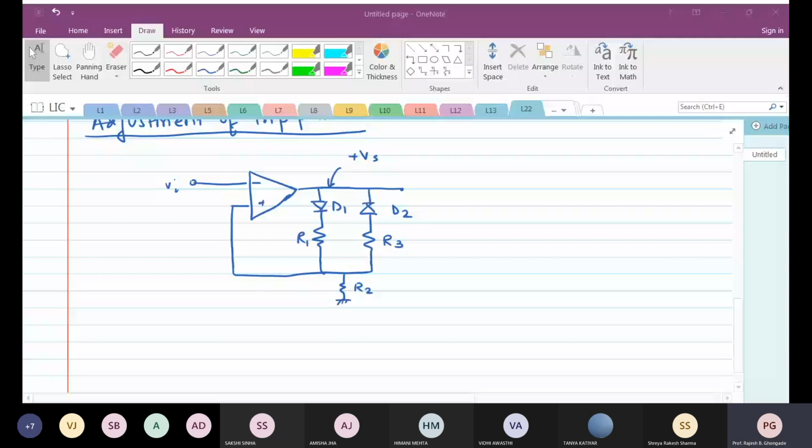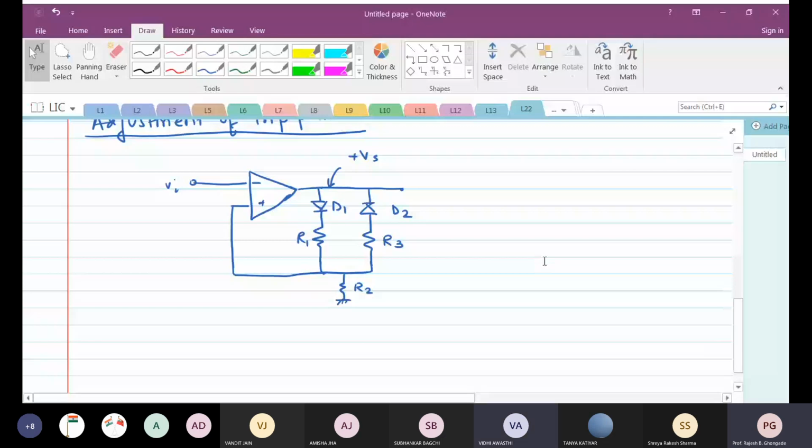So we will have a trip point corresponding to VUTP, which will be VSAT into R1 by R2 by R1 plus R2, whereas VLTP will be minus VSAT into R2 divided by R2 plus R3. With that, we will be in a position to set VUTP and VLTP as separate values. So it need not be symmetric.